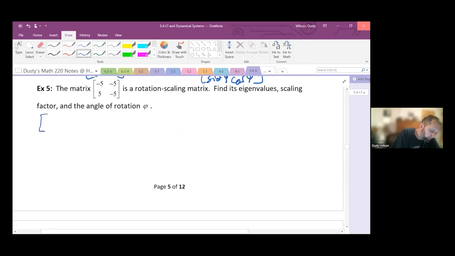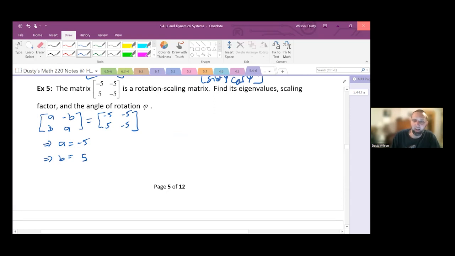Remember, the general form of our rotation scaling matrices is A, minus B, B, A. And so we're saying, well, this would be equal to -5, -5, 5, -5. If this is going to be the case, that tells us that our A is -5 and our B is 5.